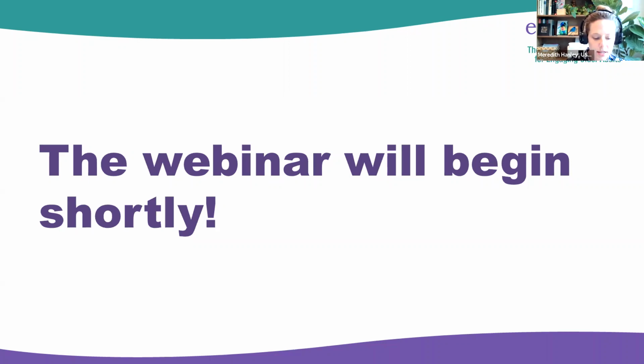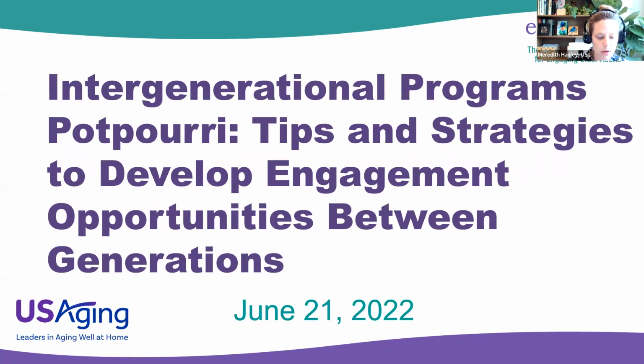Our webinar today is called Intergenerational Programs, Potpourri, Tips and Strategies to Develop Engagement Opportunities Between Generations. During the webinar, Generations United will provide a primer on intergenerational programs, including types of programs, current trends, and tips for local organizations developing intergenerational programs.